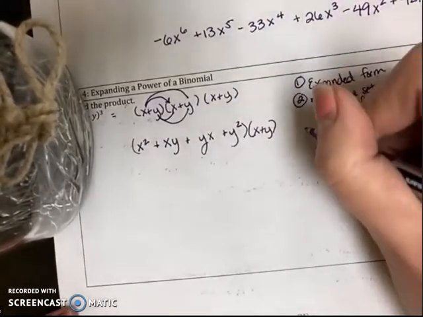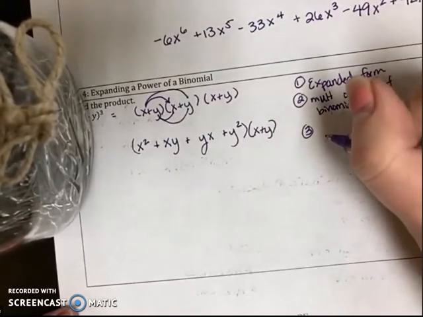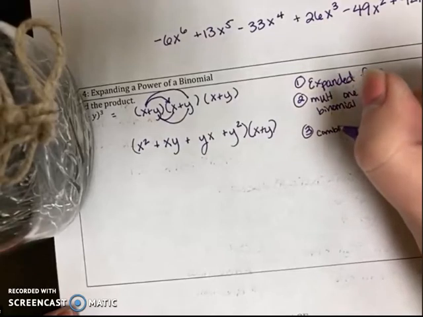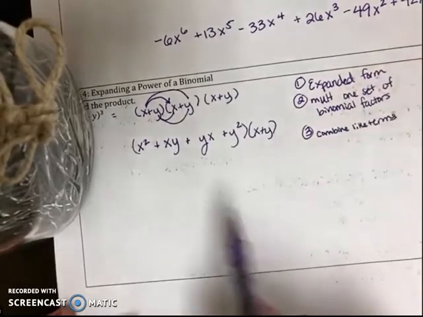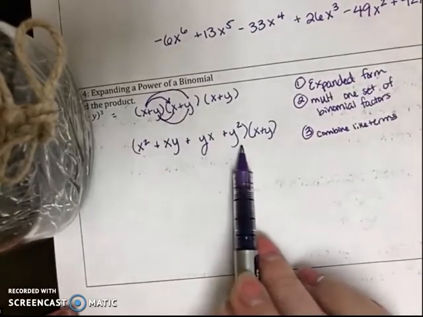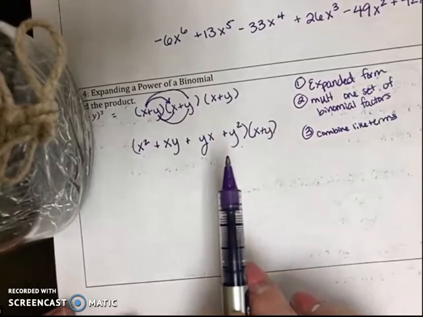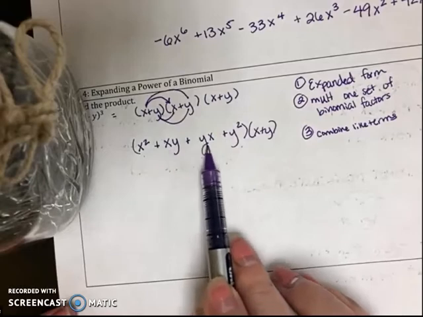Okay, step 3 will be to combine like terms. Essentially what we're doing is we're cleaning this up. Now, I have an x squared and a y squared. These are different variables, so I cannot combine those. So let's look here. I have an xy and a yx.